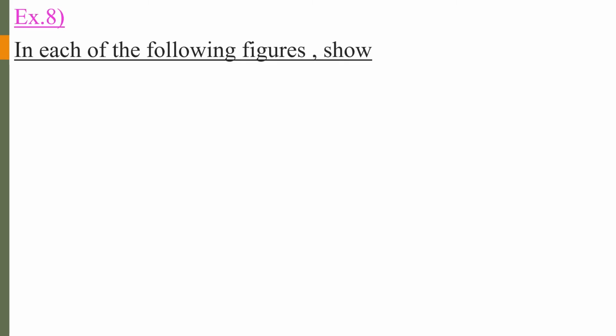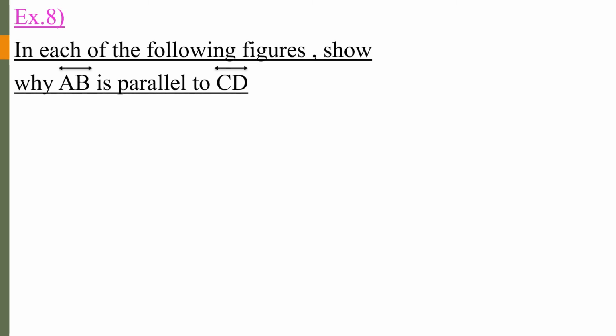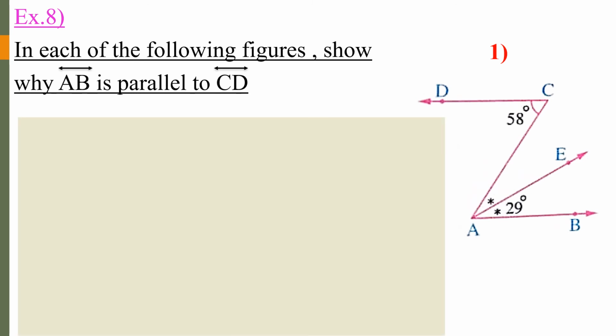Exercise number 8. In each of the following figures, show why the straight line AB is parallel to the straight line CD. Since AE bisects the angle BAC, I look at the figure and I see here AE bisects the angle BAC.